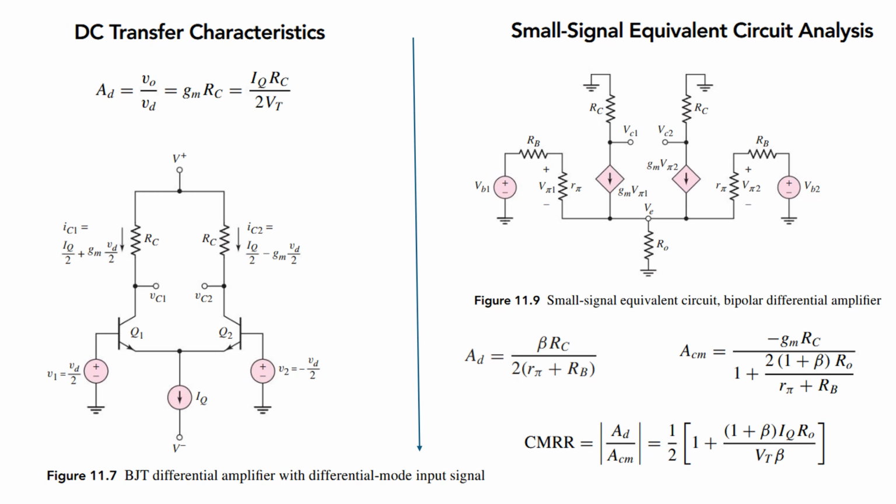CMRR is simply the ratio of the gain calculated in the differential mode and the common mode, which can be calculated with this formula: half of 1 plus 1 plus beta into IR divided by VT into beta.